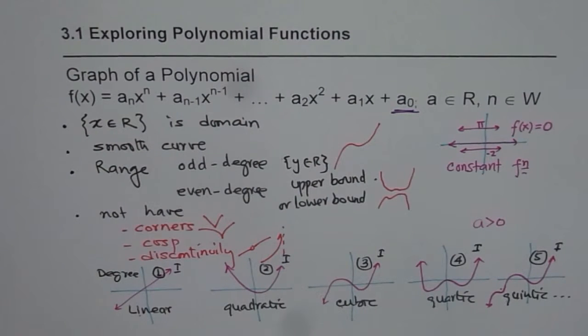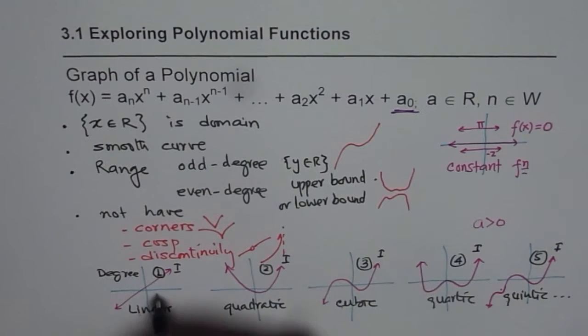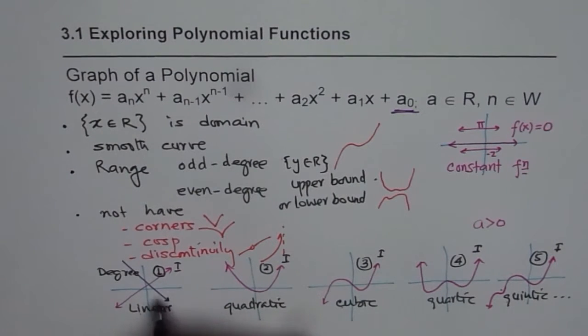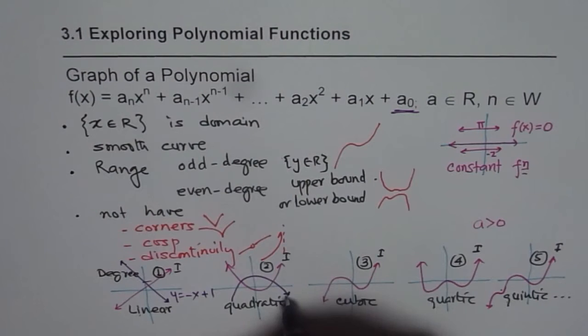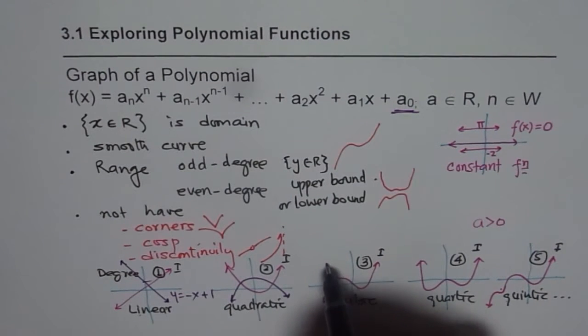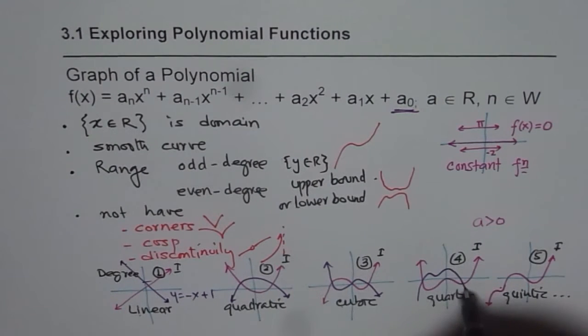Now let me sketch those where a is less than 0. That means negative slope, right? So this comes like this when negative slope, like y equals minus x plus 1, let us say, since I moved it up. If the leading coefficient is negative, this graph will be kind of like this. Here it will be kind of like this. In this case, it may be like this.